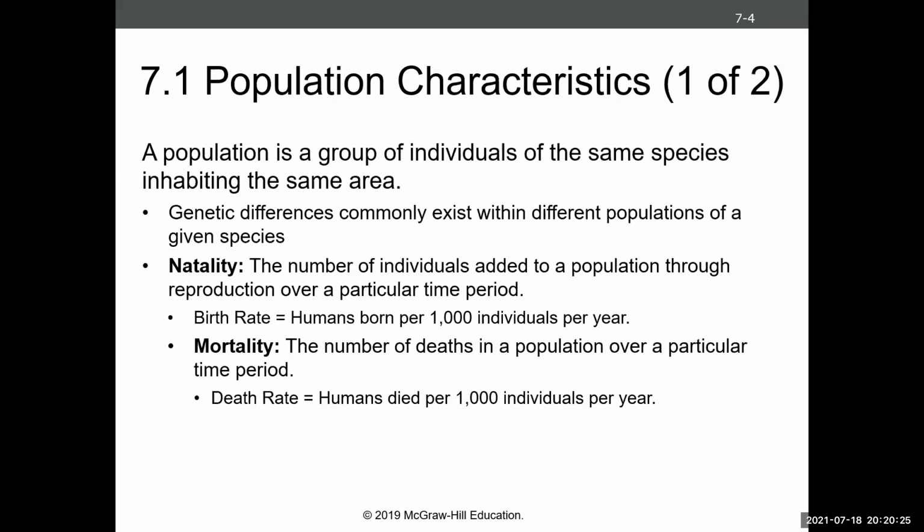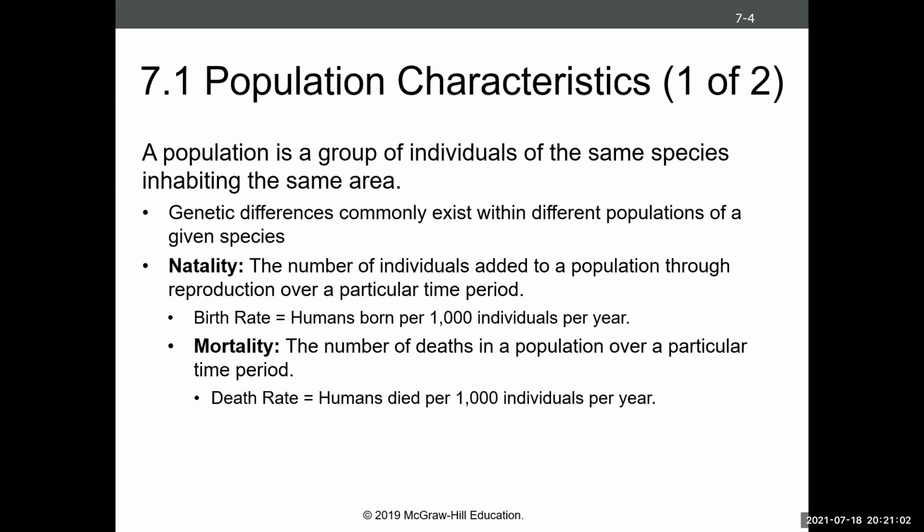All right, so remember we define a population as a group of individuals of the same species that's in the same area, right? So individuals of the same species living in the same place, interacting with one another, okay? Now, in our earlier chapters, I mentioned that populations can have differences in their genetics, from population to population.